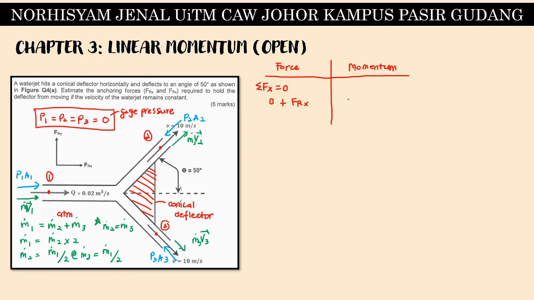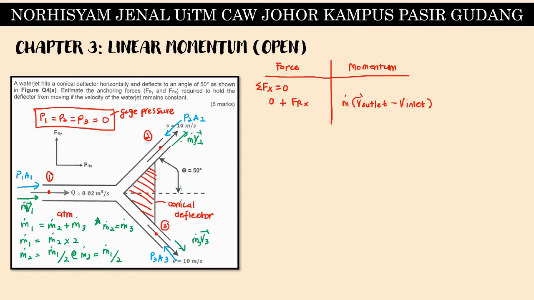For the momentum, we need to remember the momentum is always m dot times V outlet minus V inlet. Okay, so for this case, we have 2 outlets and 1 inlet. So we need to separate because the outlet and inlet have different mass flow rate.